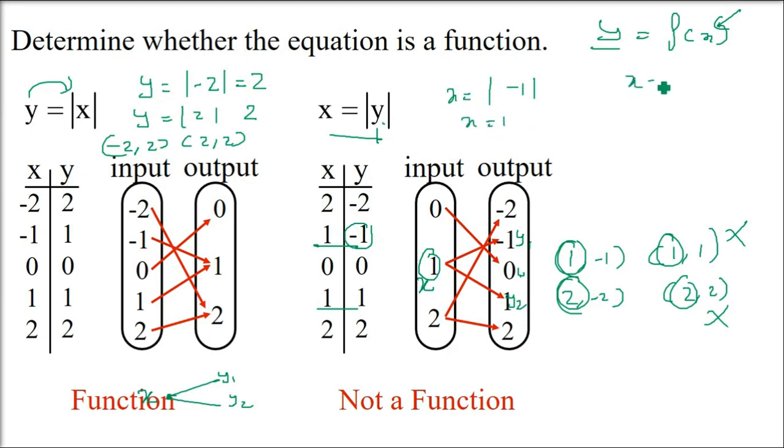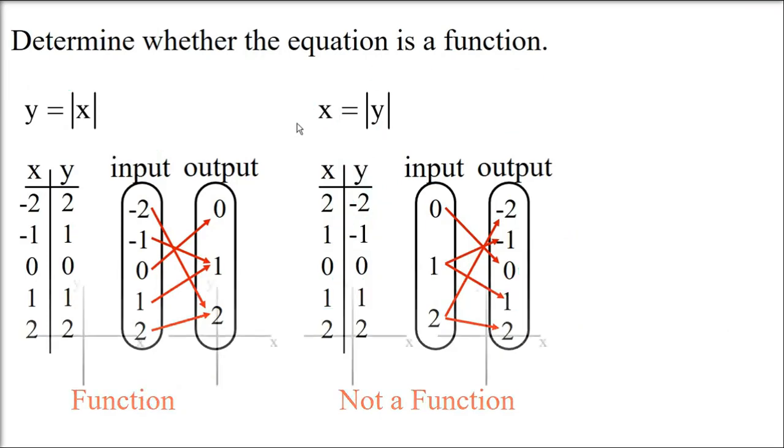When you put y as +1, x will be 1. So for -1, there is 1, and for 1 also the same. That is how this function has failed. The definition of a function is failed. The first one was a function, the second one is not a function.